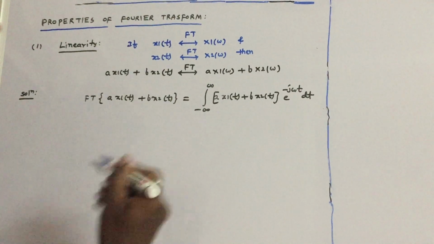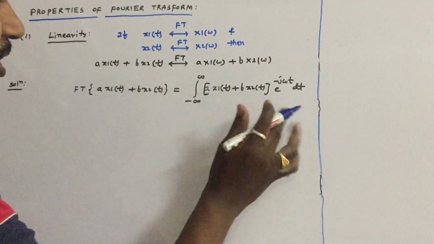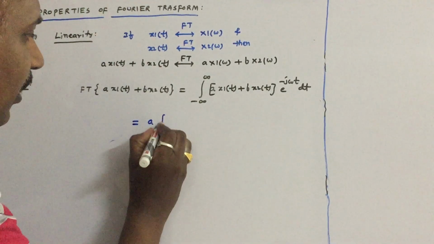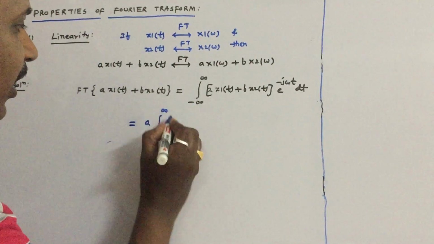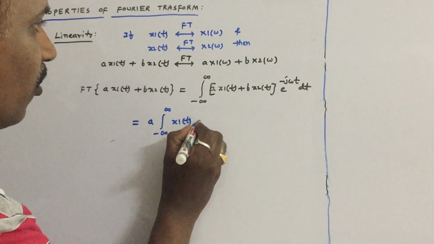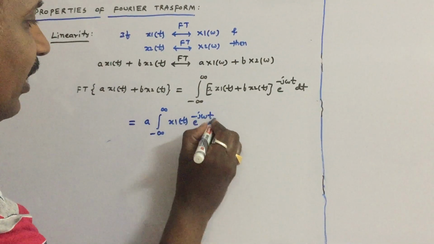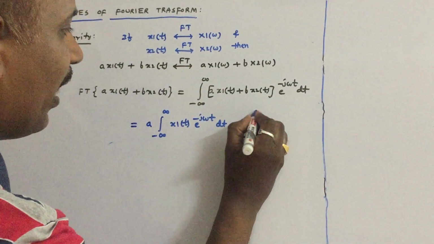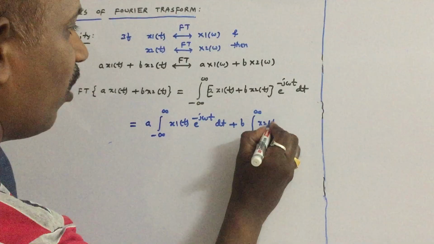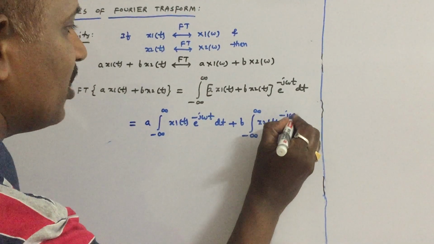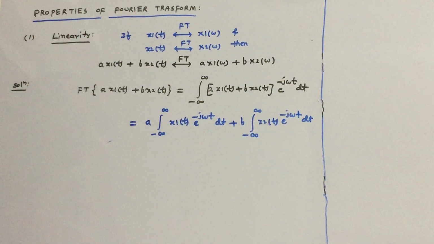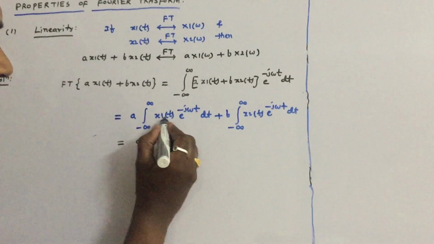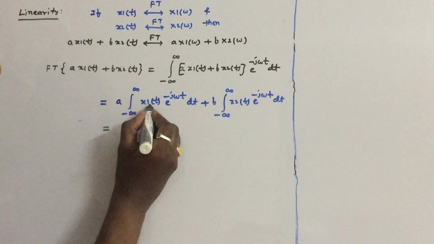So let us separate the integrations to each term. Therefore we can write this as a, as a constant, integral minus infinity to infinity x1 of t into e power minus j omega t dt, plus b into integral minus infinity to infinity x2 of t into e power minus j omega t dt. Which can be written as a into, what is this? This is the Fourier transform of x1 of t.